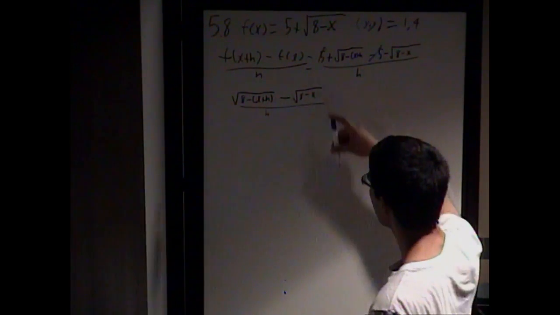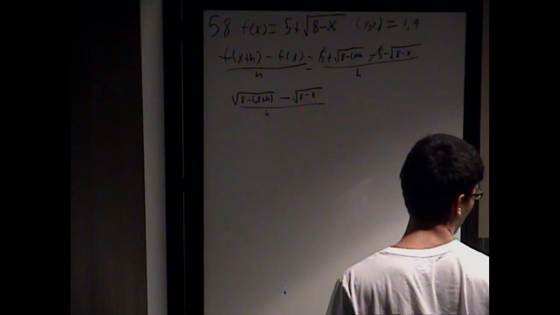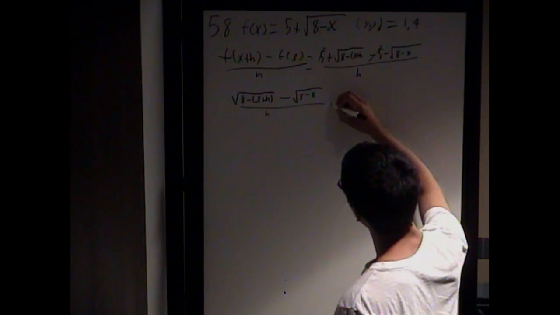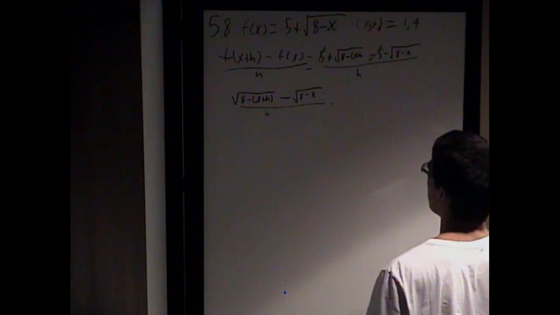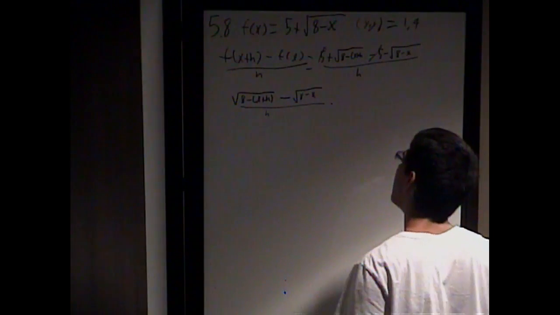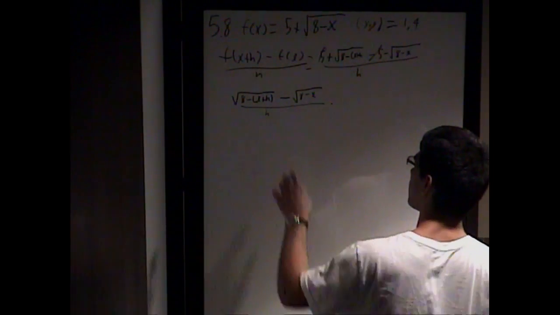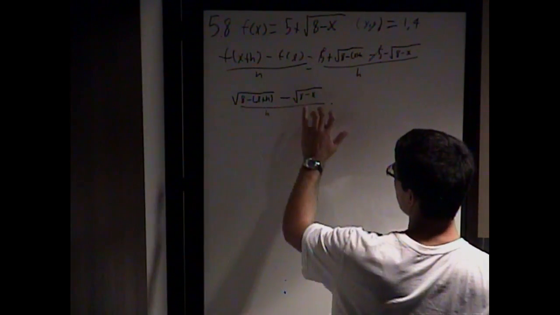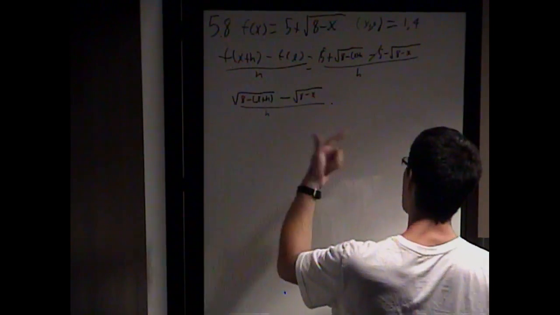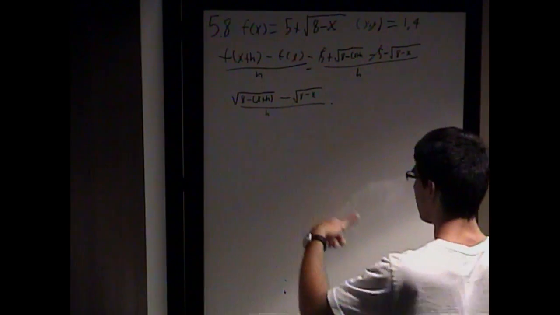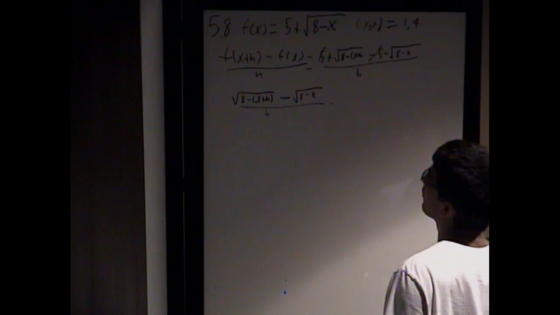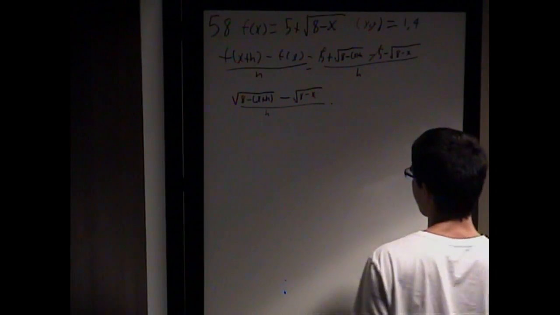Now, in order to get rid of these square root values, we need to multiply both the numerator and denominator by the same expression. However, in order to get rid of them, we need to make this a property of squares.